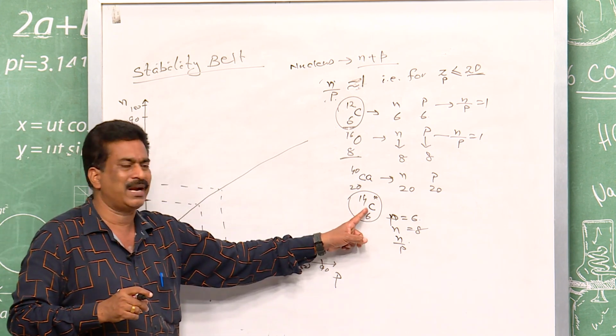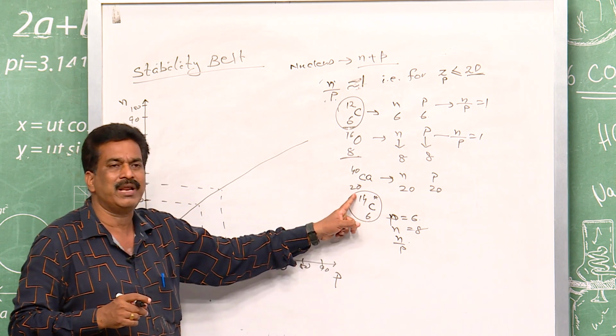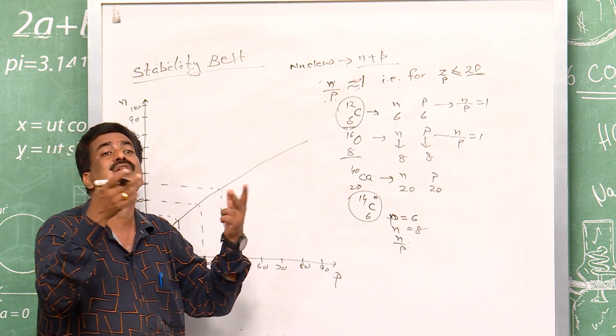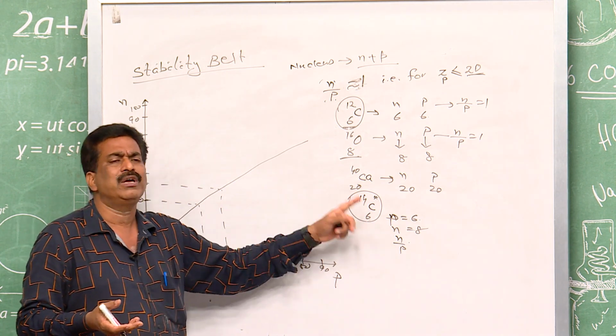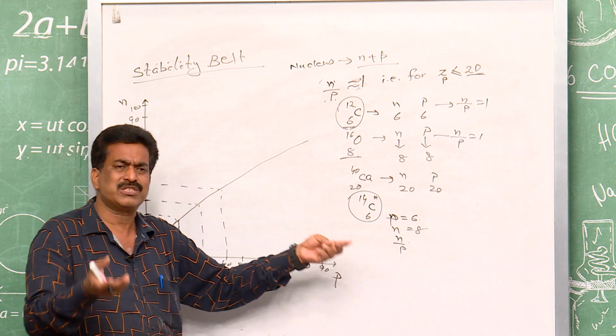This indicates that C-14 may lose neutrons and become C-13, C-12.